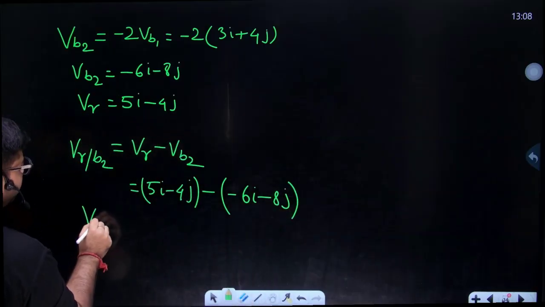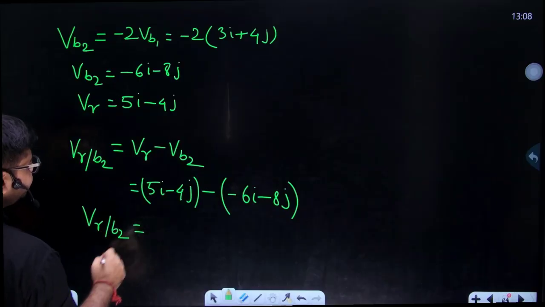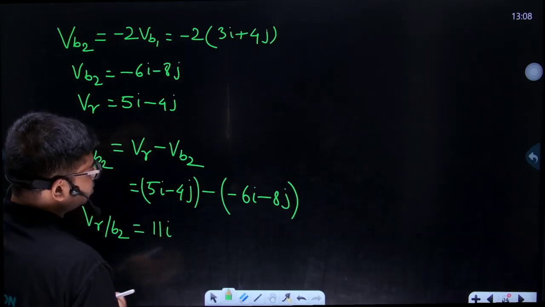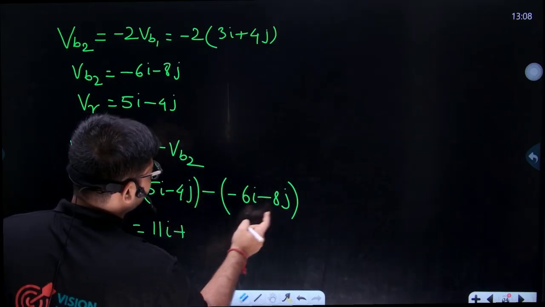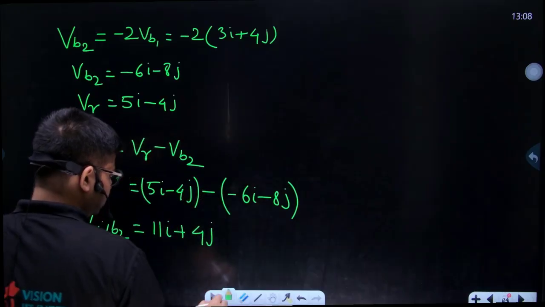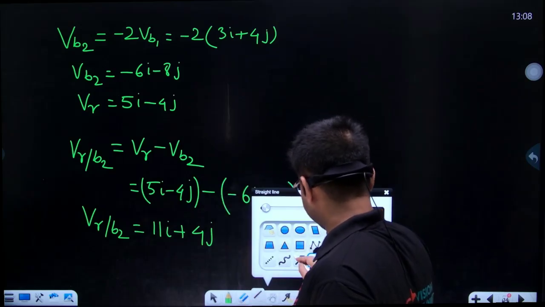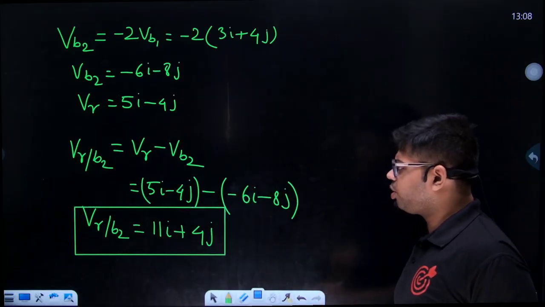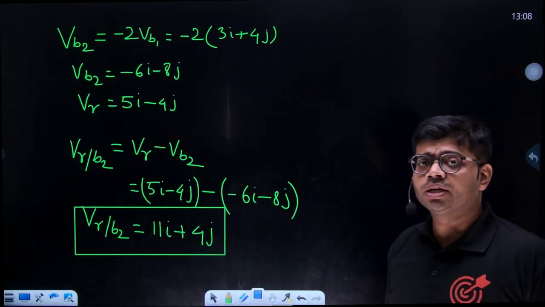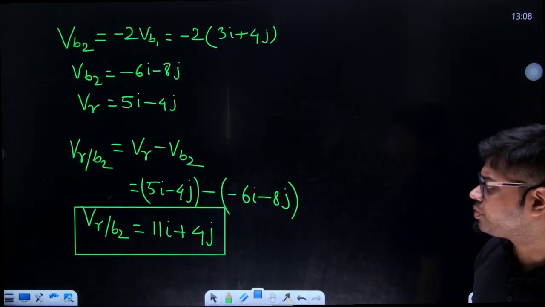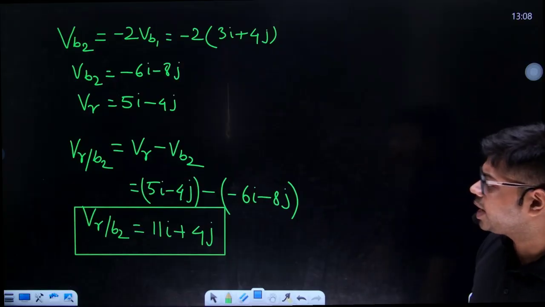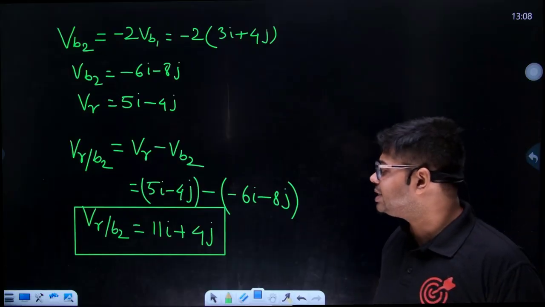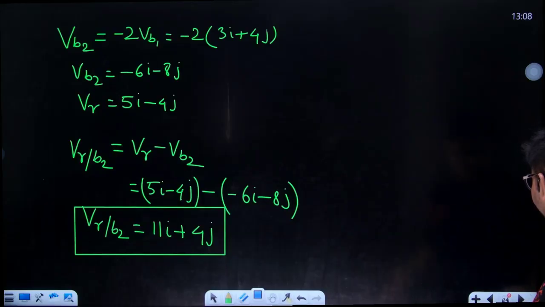So you have 11i plus, minus 4 plus 8, so 4j. This is what is being asked here, and this is our final answer. The velocity of the rain with respect to the boy when he is coming down is 11i plus 4j. Magnitude you can find: root over 11 square plus 4 square. And direction also you can find: tan theta with respect to the horizontal is 4 by 11, so theta is tan inverse 4 by 11.